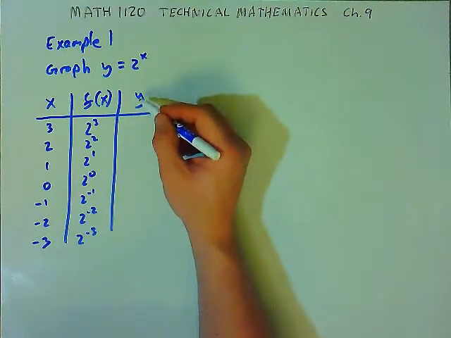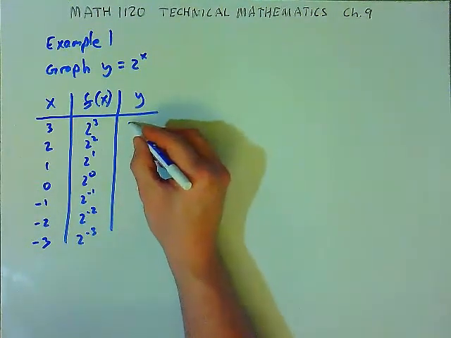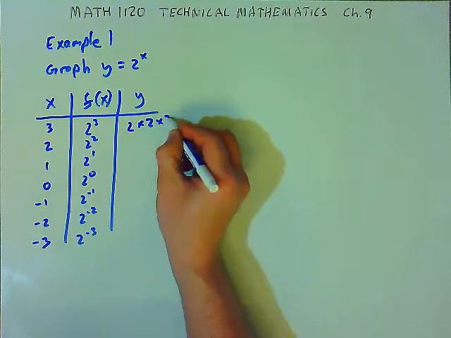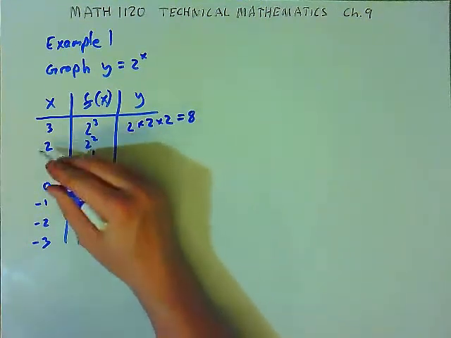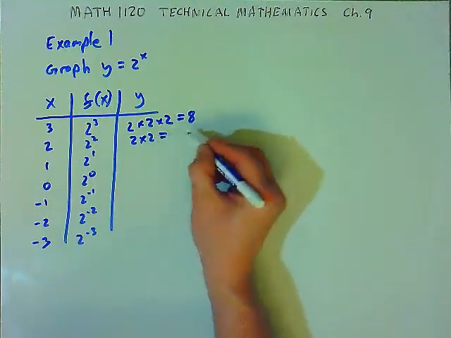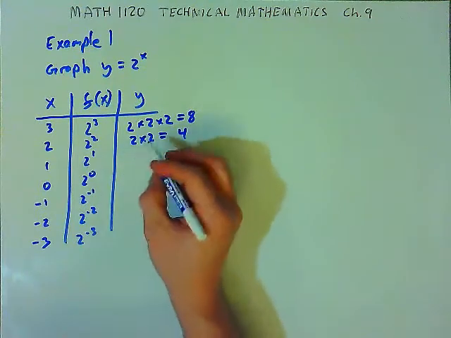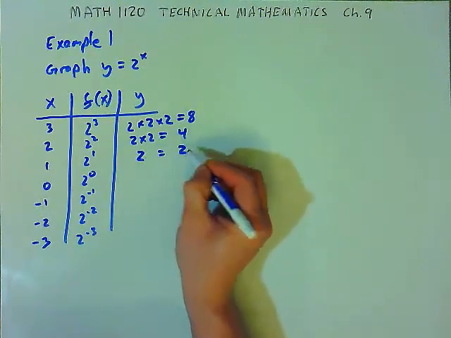And so y will be equal to 2 to the third, and I'm going to write this out as 2 times 2 times 2, which is equal to 8. When x is 2, y will be equal to 2 times 2, which is equal to 4. When x is 1, we will have just 2, which is 2.